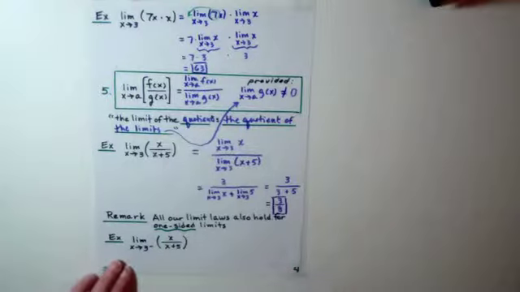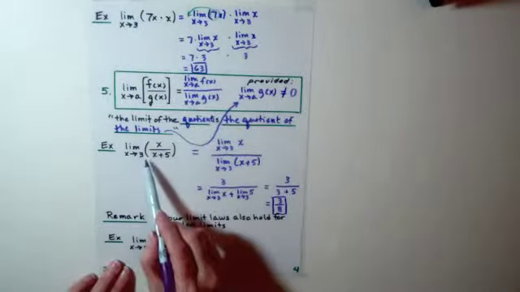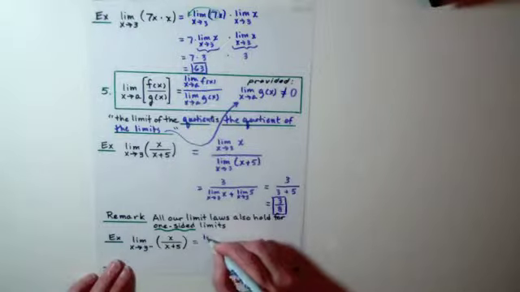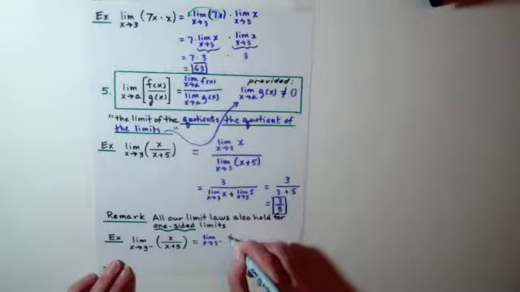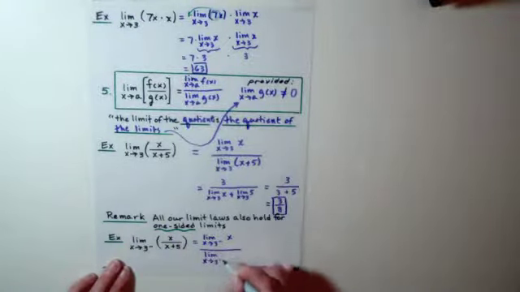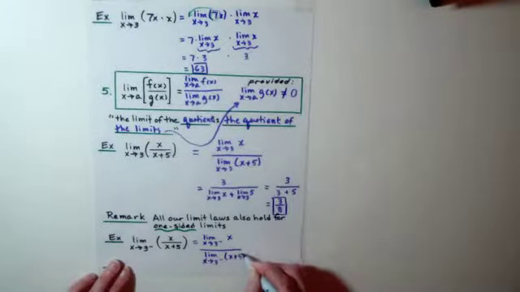Just as a side remark, all of the limit laws that we've just talked about also hold for one-sided limits. So, for example, if instead of finding the limit as x approaches 3 of x over x plus 5, I asked you to find the limit as x approaches 3 from the left of x over x plus 5, we would still be allowed to apply exactly the same limit laws, and we could apply the quotient limit law and say, well, this would be the same as the limit as x approaches 3 from the left of the function that's in the top, which is just x, divided by the limit as x approaches 3 from the left of the function in the bottom, which is x plus 5.